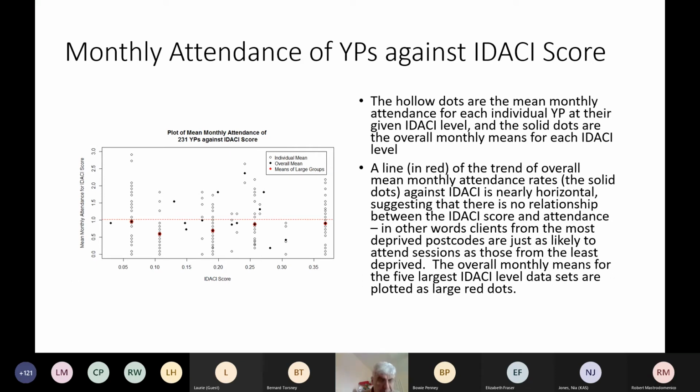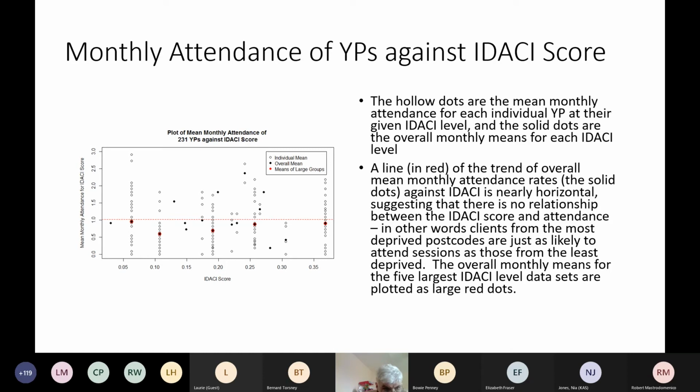Across the bottom are the IDACI scores. Up the side is the mean monthly attendance of each young person who attended at least once. So each of these hollow dots that you can see represents one young person, the mean number of times in a month that they turned up at a youth centre.